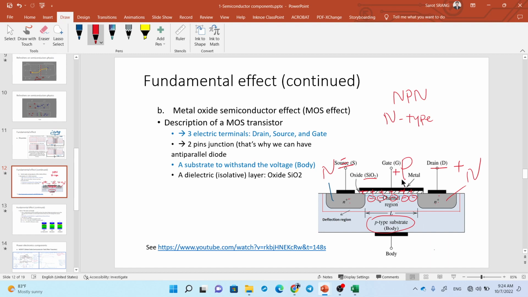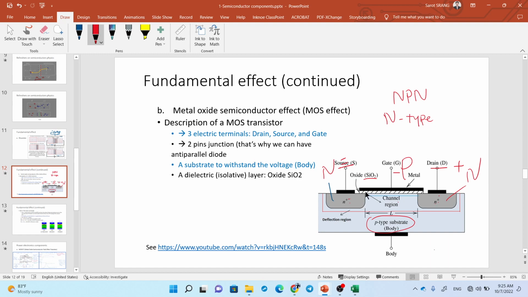In the other case, you connect this gate to negative voltage compared to S. I mean, if the potential here is lower than the potential of S, it means you connect G to the negative polarity.